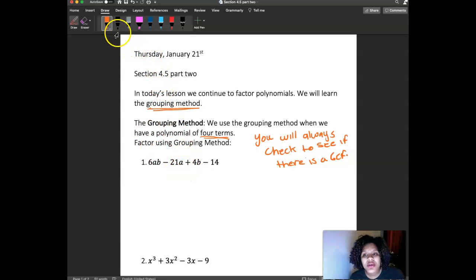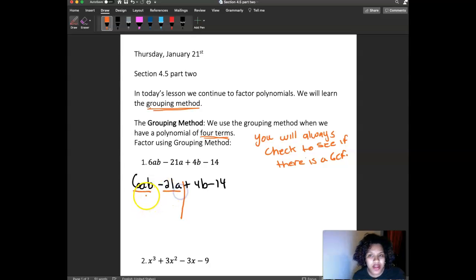The grouping method goes like this. I'm going to go ahead and rewrite the problem. 6ab minus 21a plus 4b minus 14. The first step in the grouping method is to draw a line between the first 2 terms and the last 2 terms. The next step is to simply draw a division line here and a division line here.